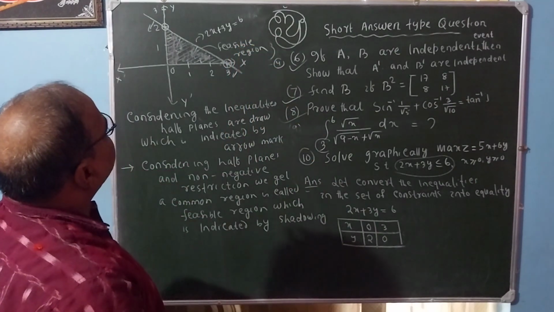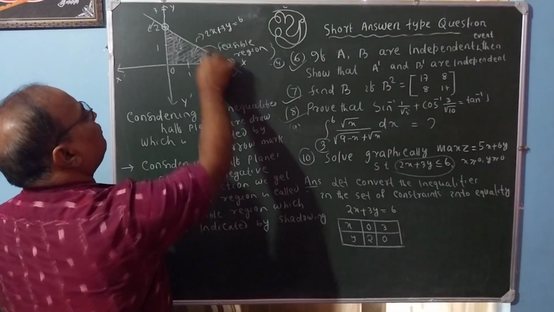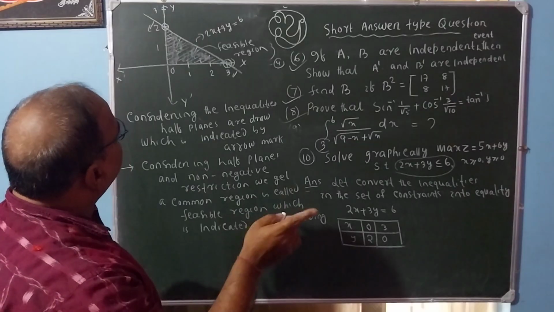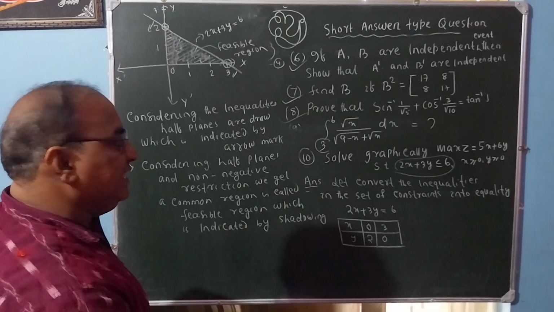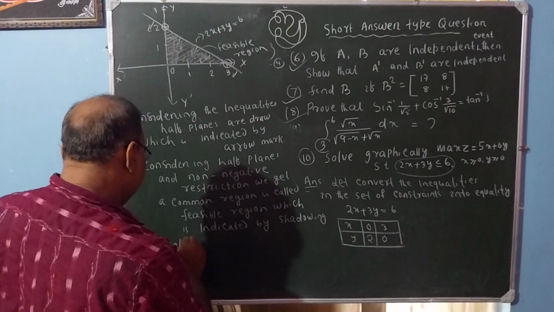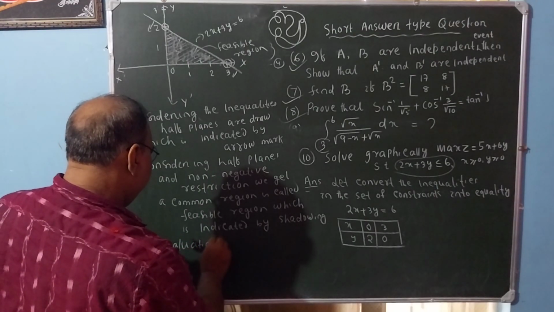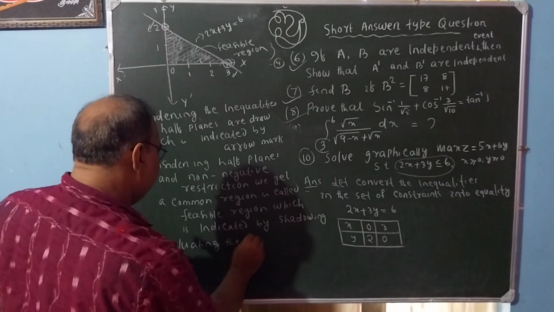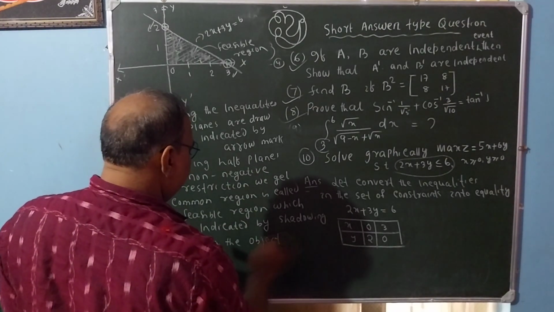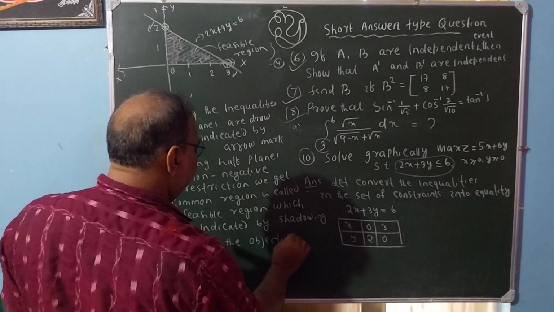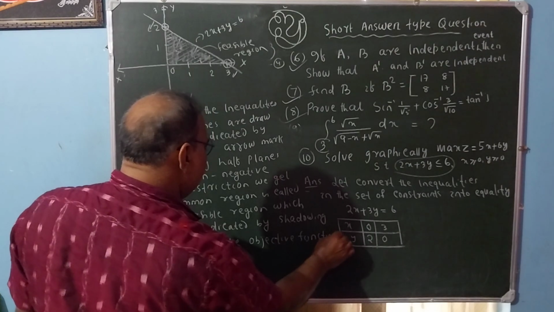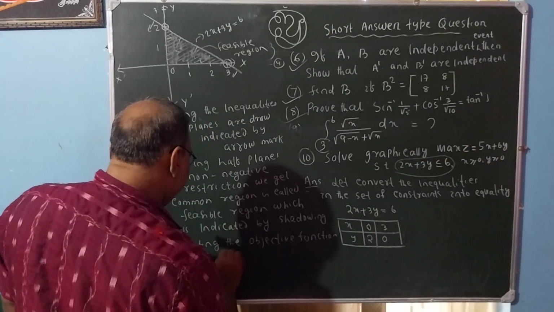Okay. Then here it is one corner point. Here it is also another corner point. Evaluating the objective function at each corner point. Write down: evaluating the objective function at each corner point.